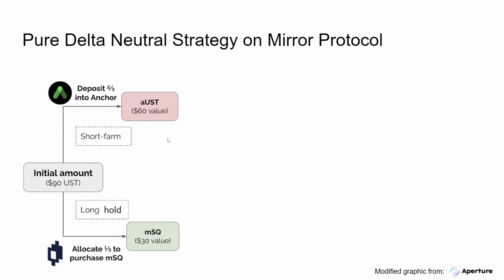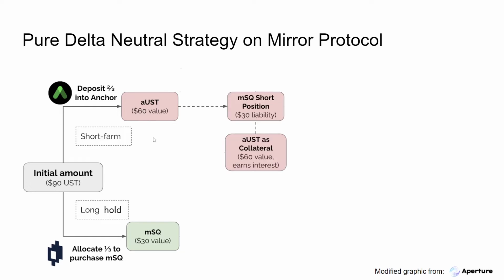As I move forward in the strategy, I'm going to go through the short farm section first. Using the aUST, which is the receipt token I get back from Anchor Protocol for depositing my 60 UST, that is worth $60 in value, and I can use this aUST as collateral to open an M Square short position on Mirror Protocol. That just means I'm using the aUST as collateral while it's earning interest, and I'm depositing onto Mirror so that I can borrow some M Square.